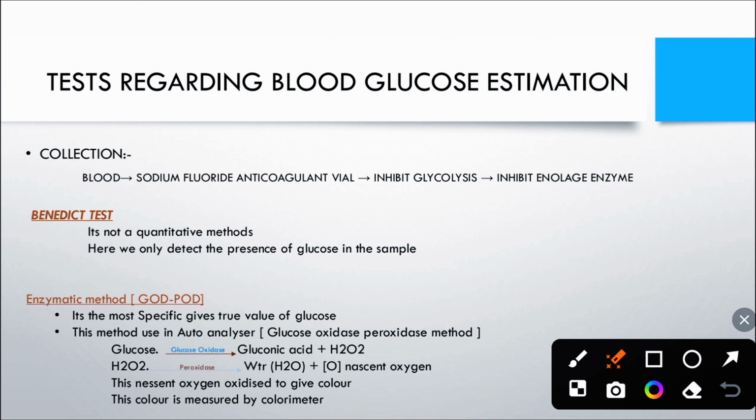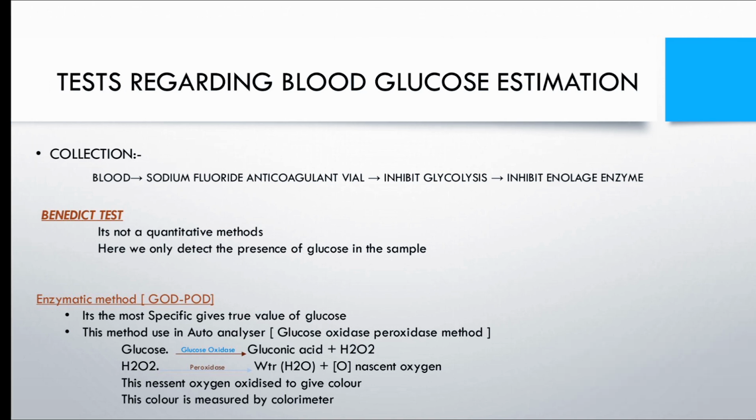Then the hydrogen peroxide in the presence of peroxidase enzyme is converted to water and nascent oxygen. This nascent oxygen oxidizes a chromogen to give color to the solution. This color is measured by the colorimeter. This is the process of enzymatic glucose estimation by the GOD-POD method.